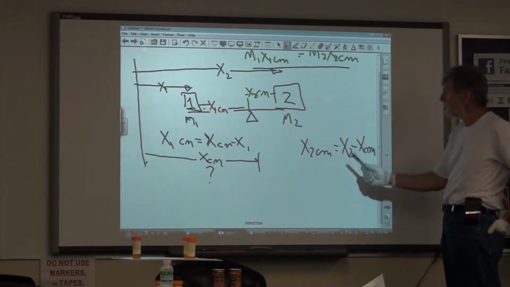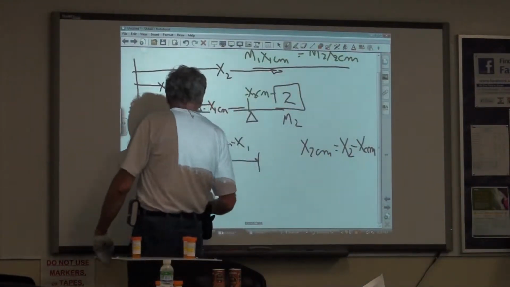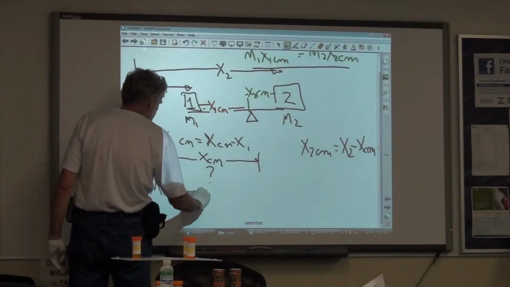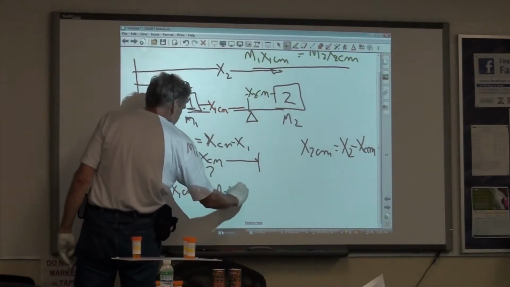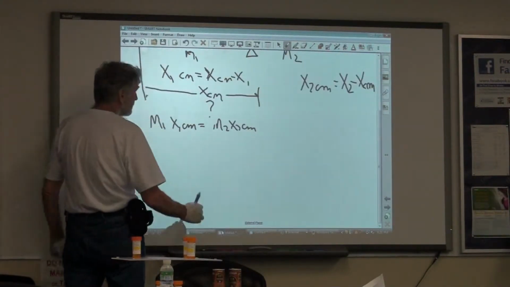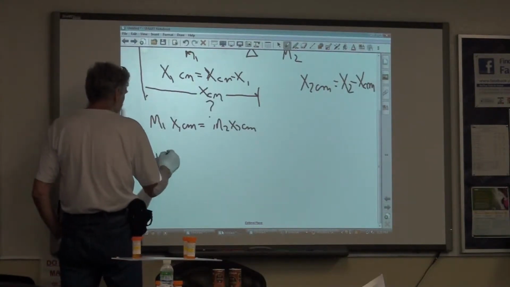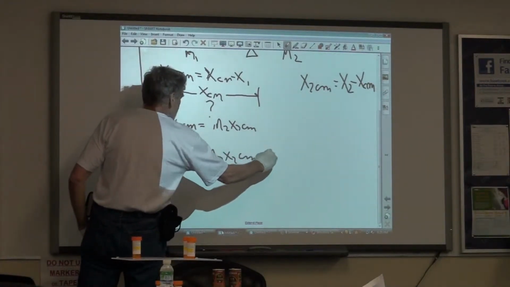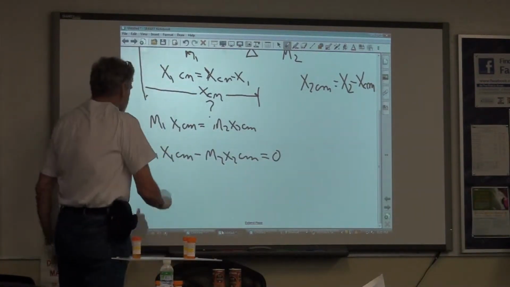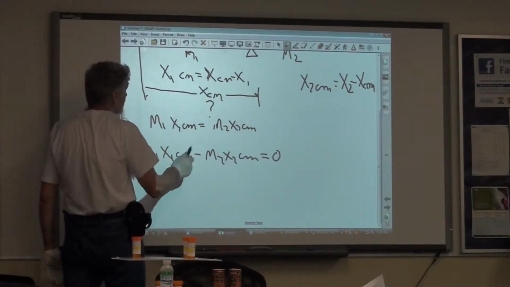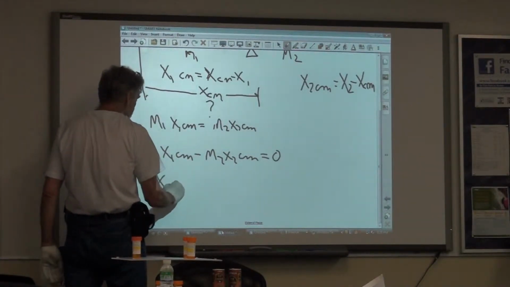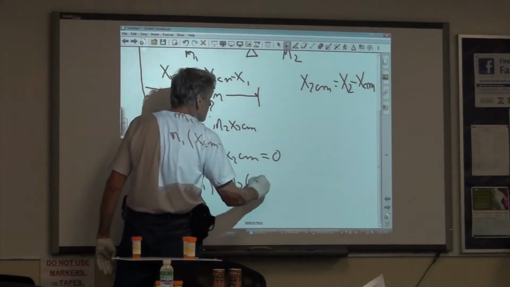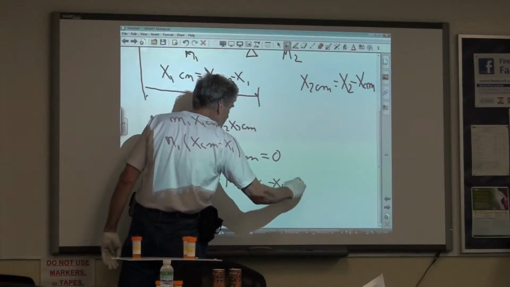So now let's rewrite this equation with these substitutions. We have m1 x1 cm equals m2 x2 cm. Now I can put these on the same side and say m1 x1 cm minus m2 x2 cm equals 0. Now let's make my substitutions. m1 times (xcm minus x1) minus m2 times (x2 minus xcm) equals 0.